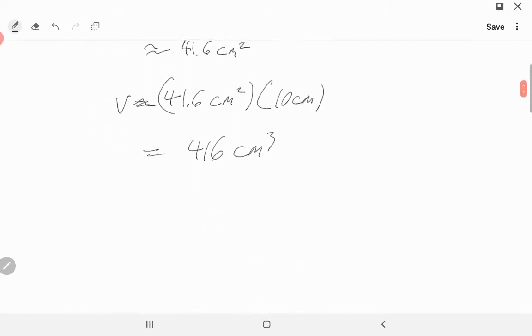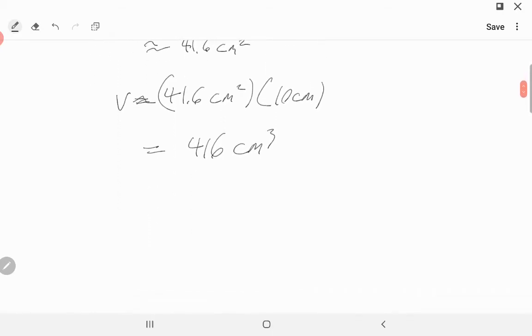So we actually notice that for volume of prisms, we can be a little more flexible.